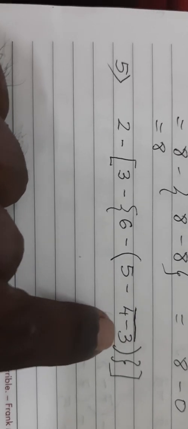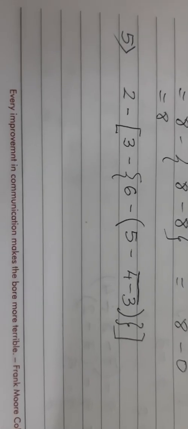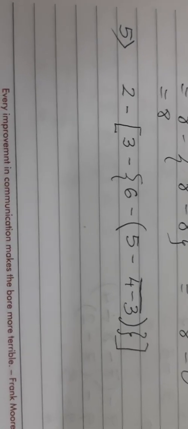So the first thing we will solve is 4 minus 3. Then we will come back to the BODMAS rule and do as the BODMAS rule tells us. As you can see, within the first bracket also, that bar or line is above 4 minus 3. So I have solved 4 minus 3 first. 4 minus 3 is 1. So 5 minus 1.